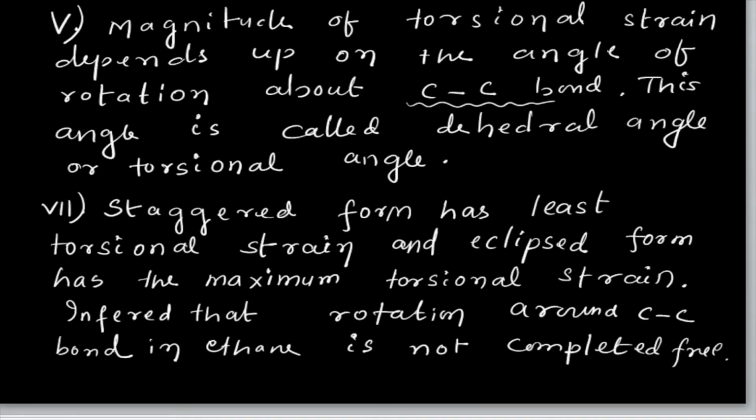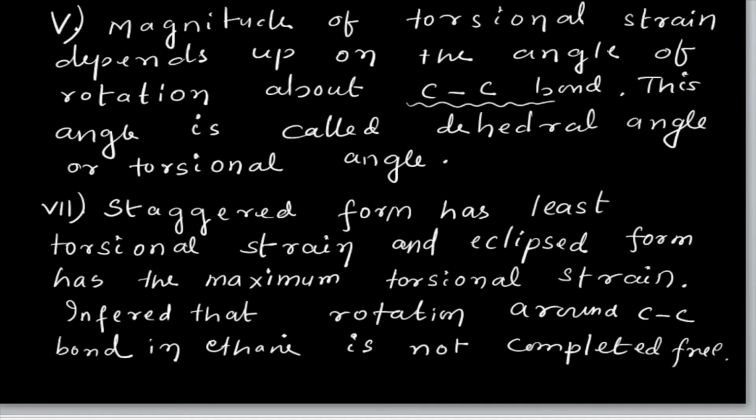So staggered form has the least torsional strain, because the hydrogens are away from each other, and eclipsed form has the maximum torsional strain, because they are close to each other.